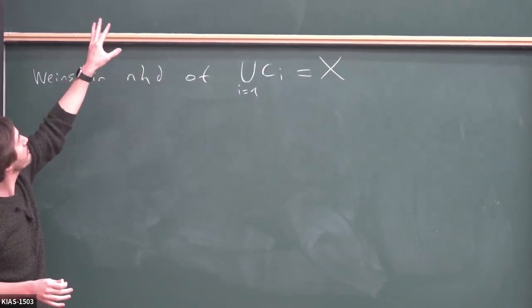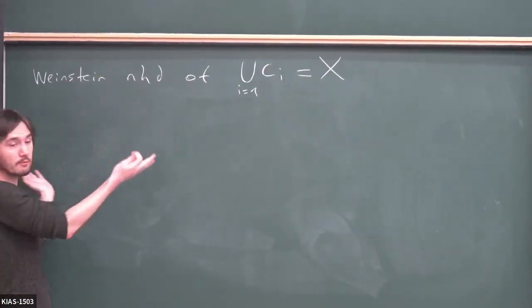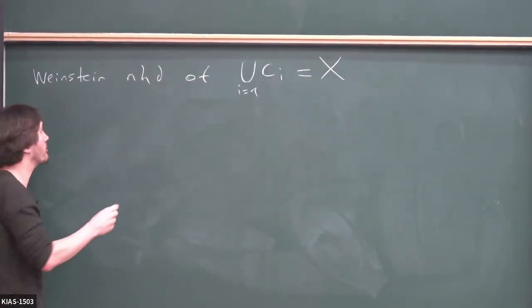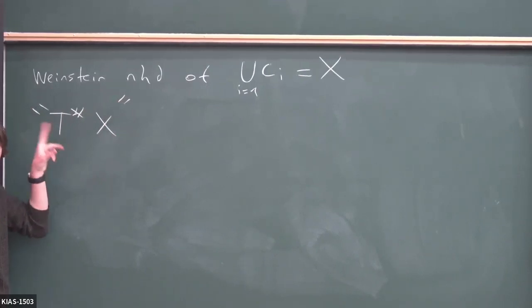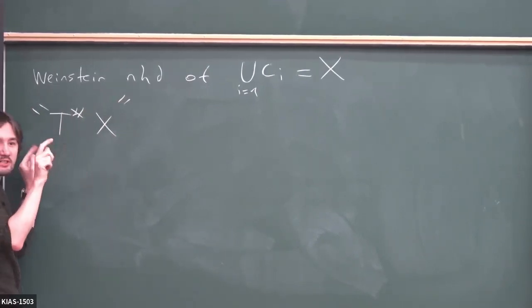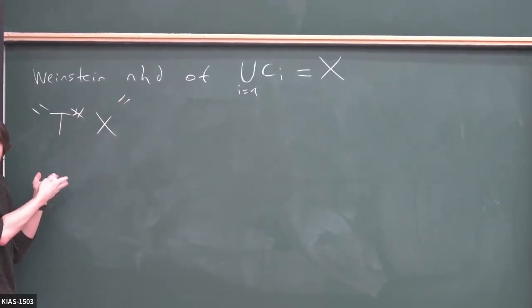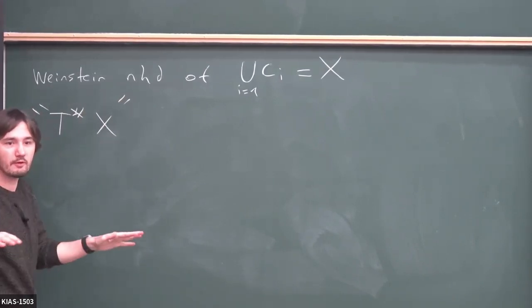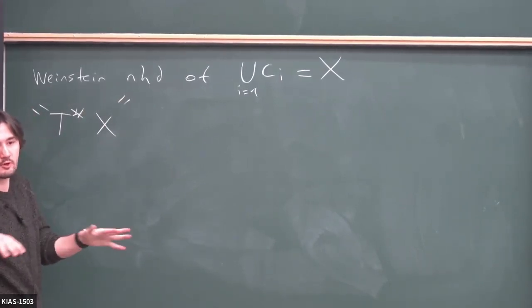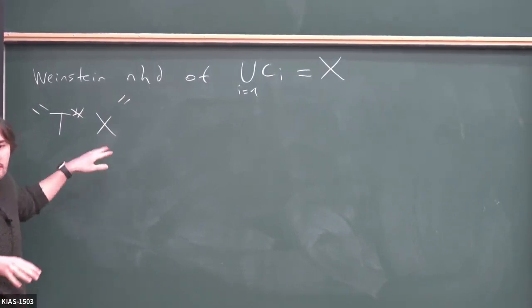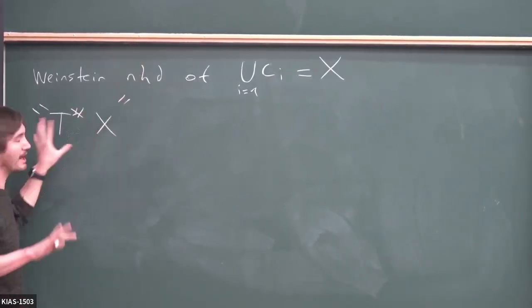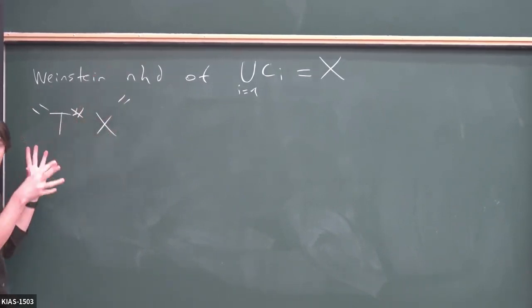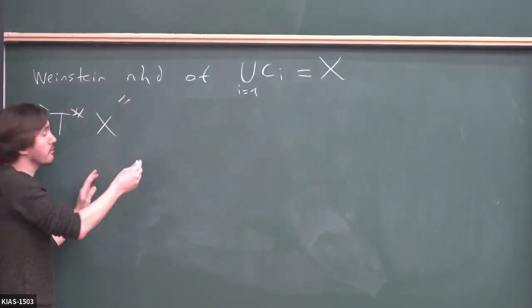So from this picture, I can get this neighborhood inside this symplectic manifold. And I will denote it like T star X, but with quotation marks, which means Weinstein neighborhood. It's because it's like a cotangent bundle. If it is something smooth, the Weinstein neighborhood is like the cotangent bundle. If something is not smooth, at singularities you need to do something, but it's kind of the cotangent bundle of that picture.